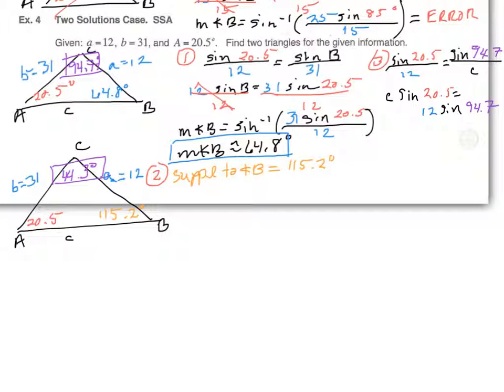How do you solve for C? So C is equal to 12 sine of 94.7, all divided by sine of 20.5. So when you put that in your calculator, what do you get?